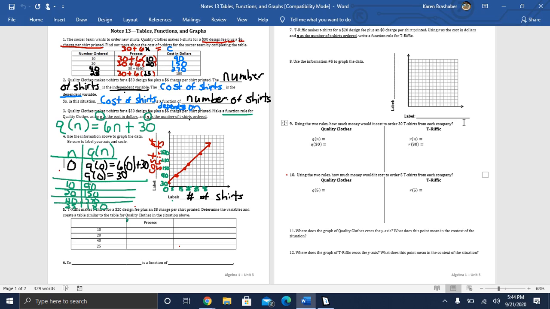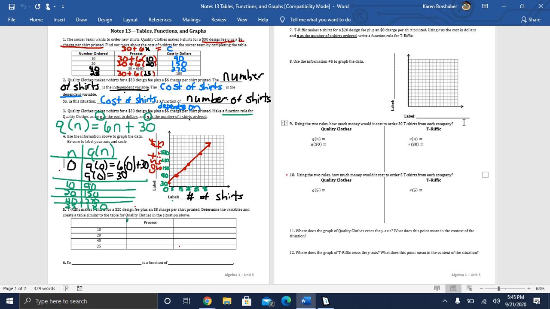So you've got a table, you've got a function, Q of n equals 6n plus 30, and you have a graph all representing what's going on for this first store called Quality Clothes. And then question number 5 actually starts us in on the next store called Terrific.